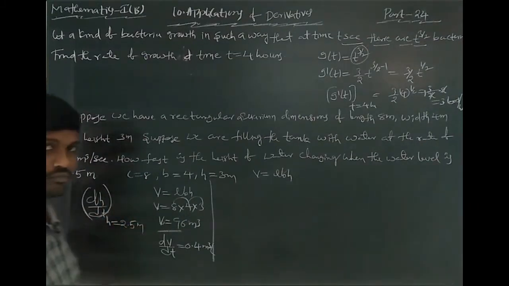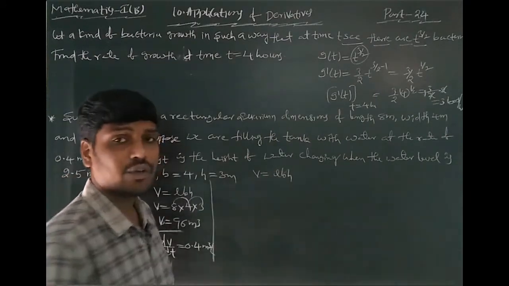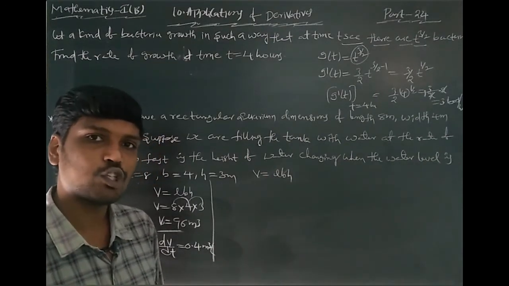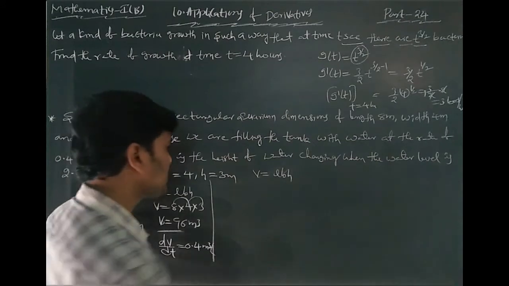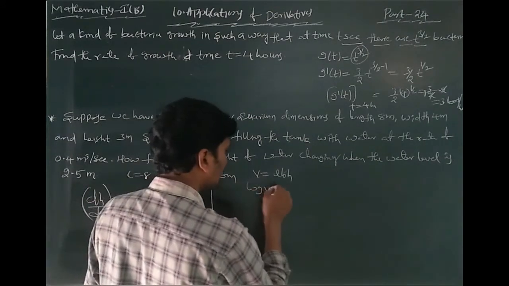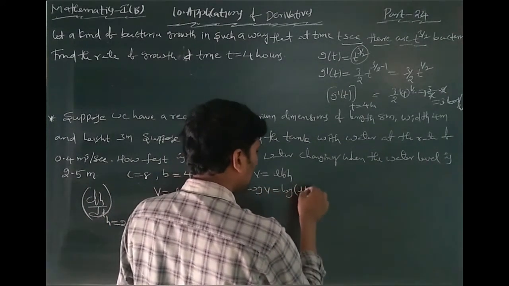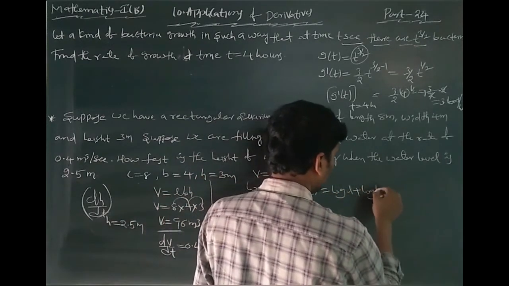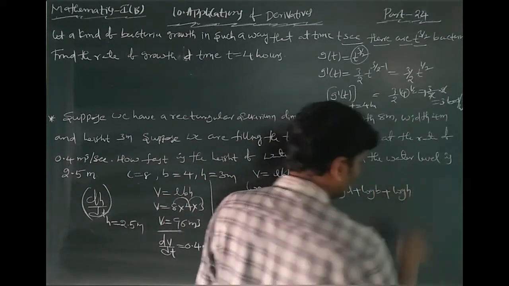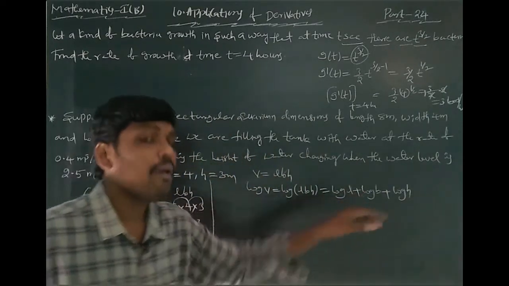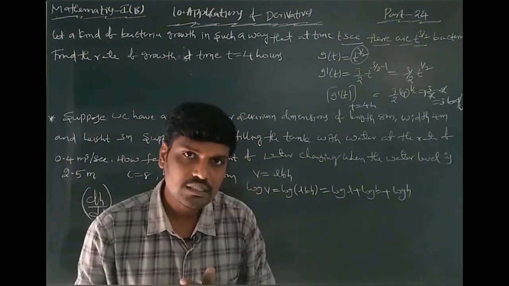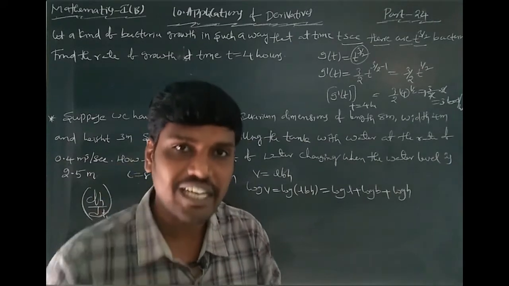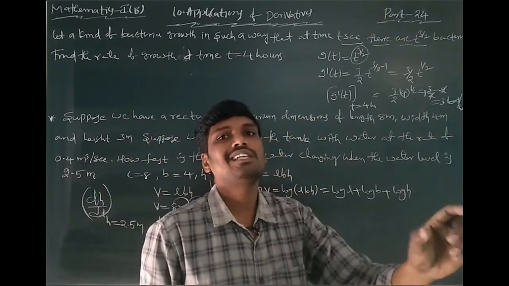See students, here we take the derivative with respect to t. First you can apply log on both sides: log V equal to log of LBH, that is log L plus log B plus log H. Here L and B both are constants. Only height is changed.